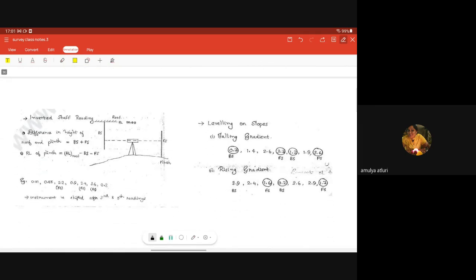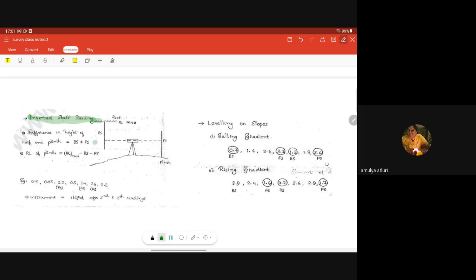You can see it here: inverted staff method. So the difference in height of roof, the upper position is called roof, and the lower position is called pitch. We locate the instrument in the middle, and if we look back, that is backside.